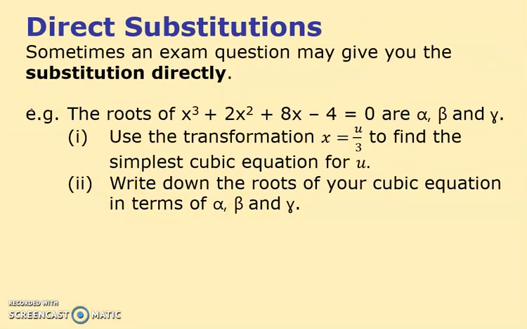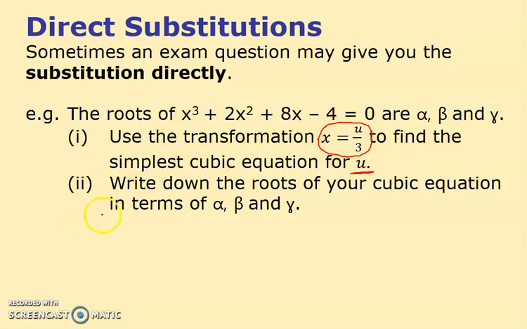Now, sometimes the questions are what I would describe as a direct substitution, where they actually explicitly give you this substitution to use. Now, here it says use this transformation to get the simplest cubic equation for u. So I suppose I've got to keep u in my answer. And so we are literally going to substitute this in. They've done this substitution bit for us already.